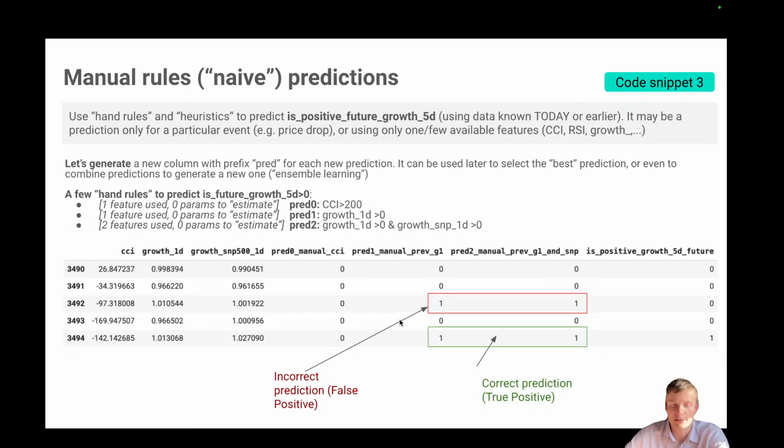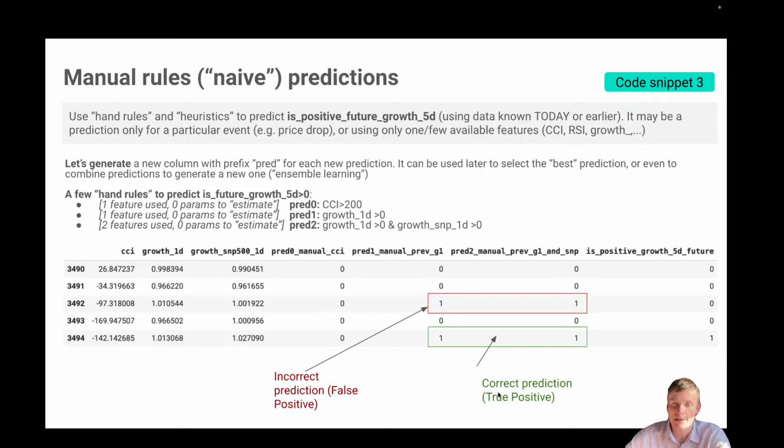So we want to predict growth, and we look only at the positive predictions, when predictions are equal to 1. And here we have 1 observation when predictions were 1, but actual growth was negative. And this is called a false positive. So we predicted it to be positive, but it's false.